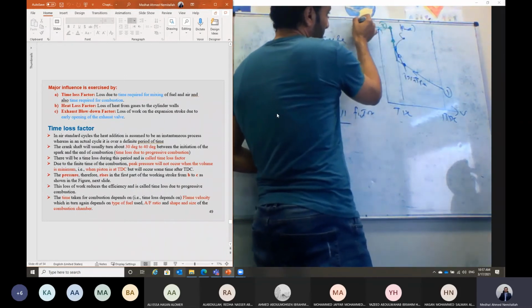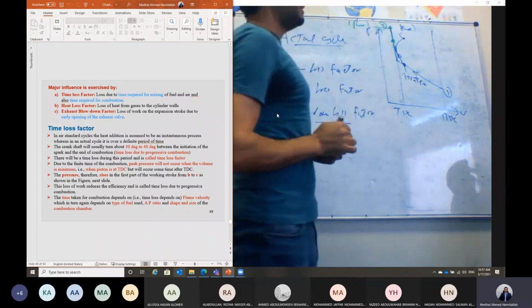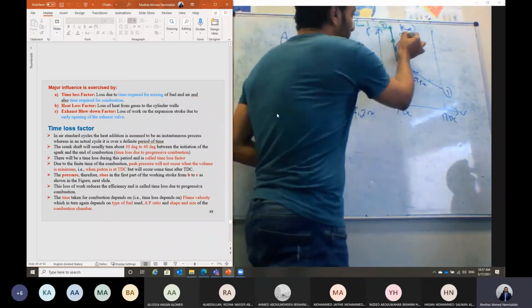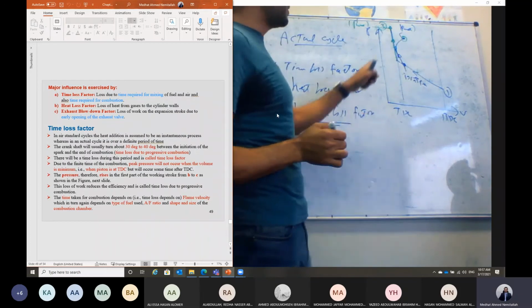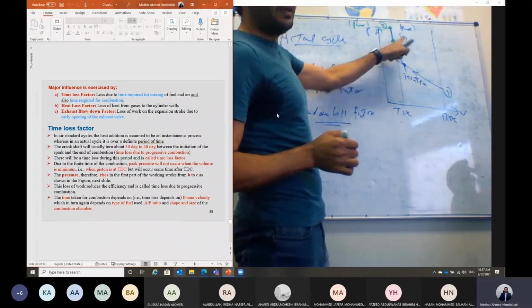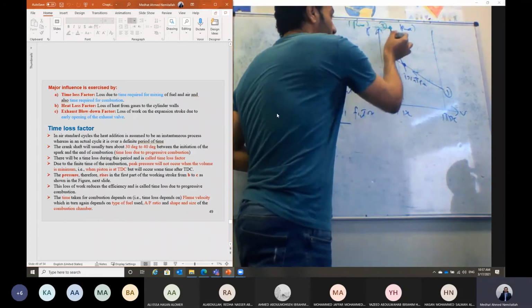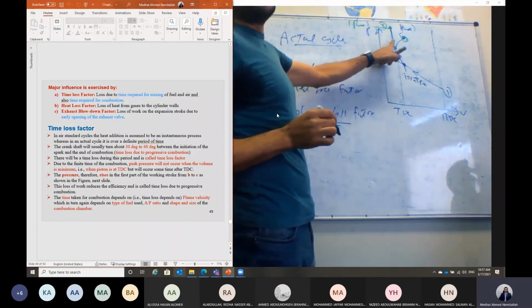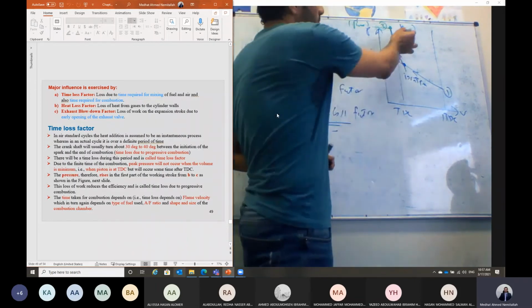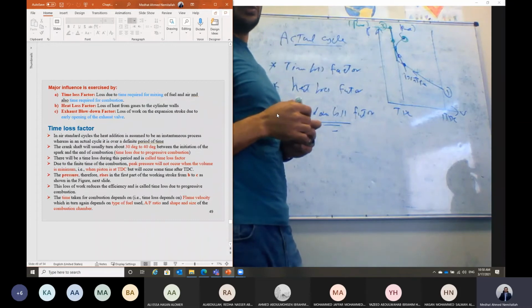The peak pressure here is for the fuel air cycle, and this is the actual value for the actual cycle, because the combustion takes time, and the maximum pressure does not take place at the minimum volume, not at the top dead center. That's why the maximum pressure should be reduced.